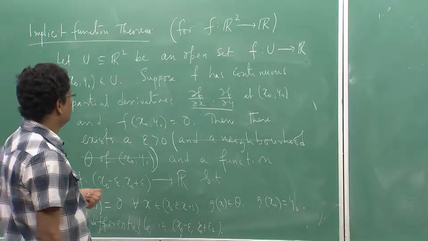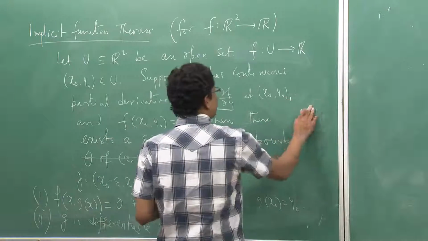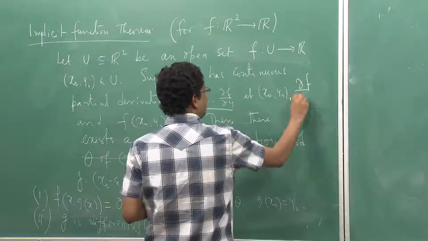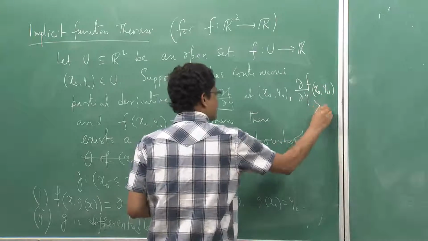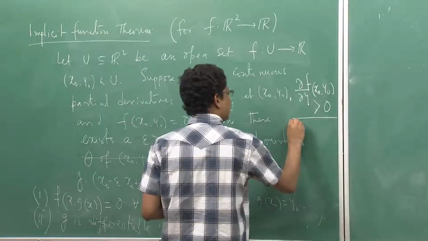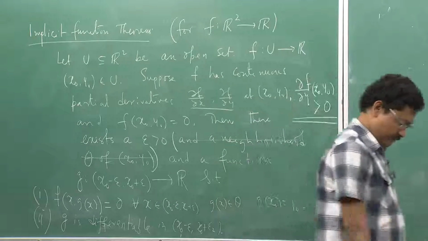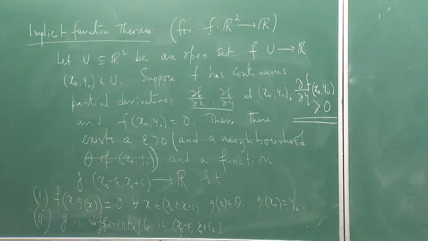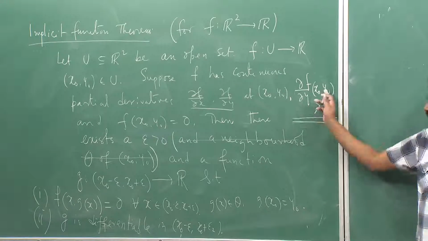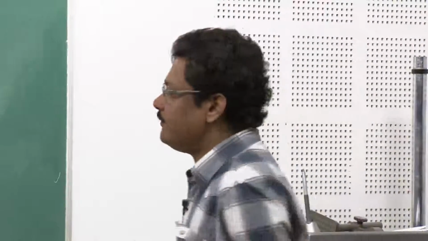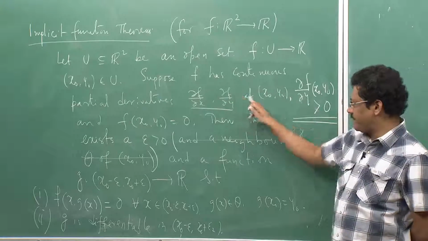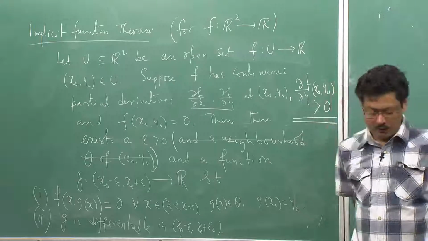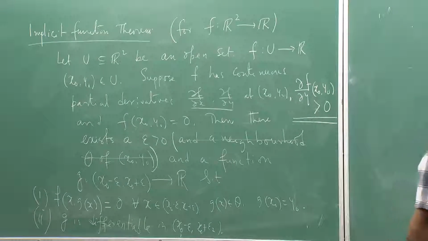Besides the continuous partial derivatives, the most important assumption: let us assume del f del y at x naught y naught is greater than 0, or less than 0, does not matter. This was part of our assumption that we need. So, this is the actual statement. Since this is greater than 0, continuity will tell you that it will maintain the same sign, and we know how to go about it.